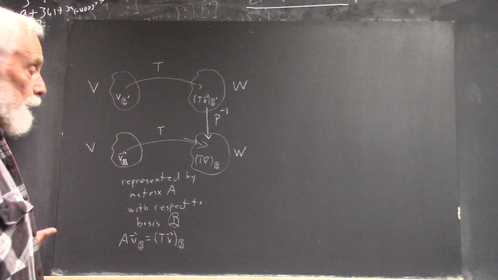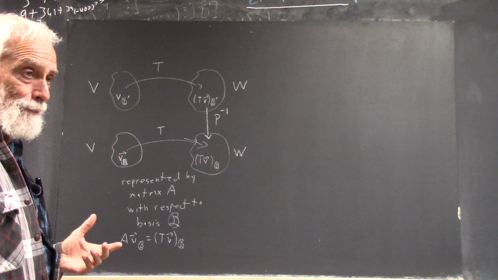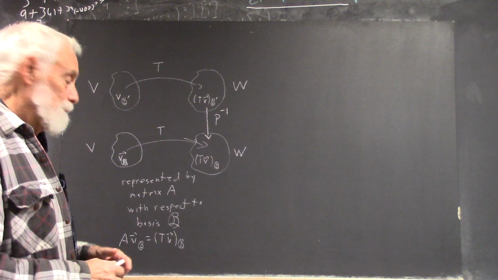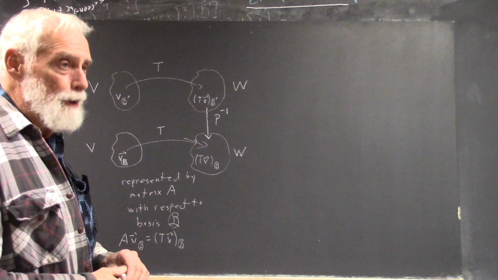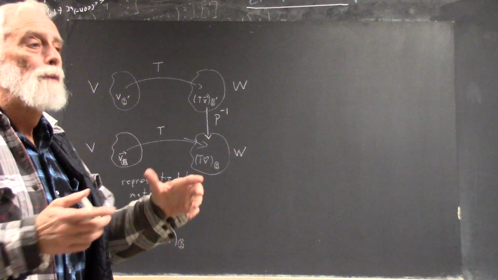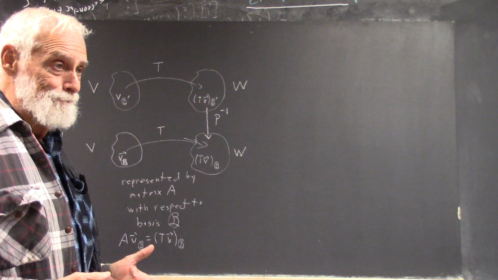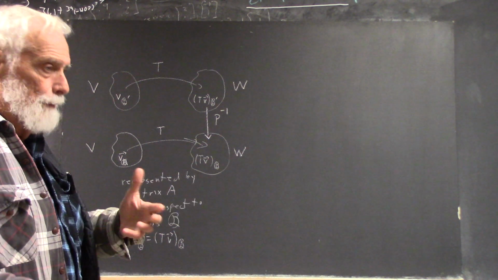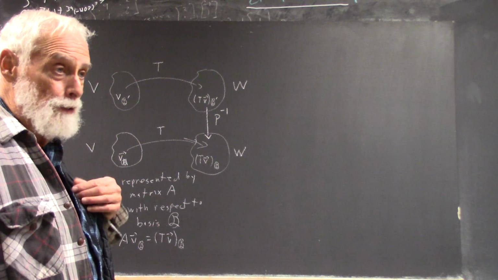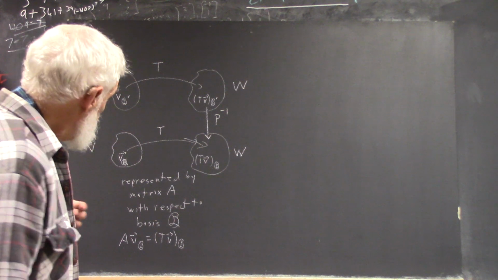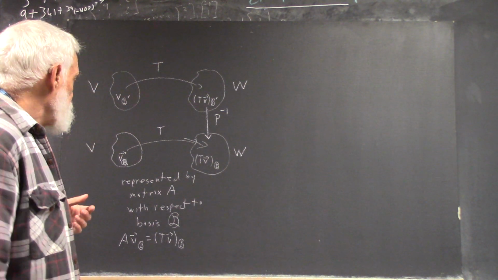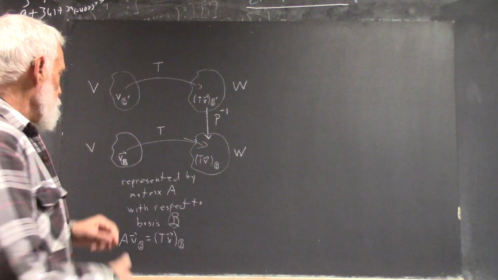Whatever your rule for the transformation is, it's going to work relative to any basis, but you have to represent it differently with different bases. And we've seen how that works with change of basis in chapter 4. So we've got some vector V over here.